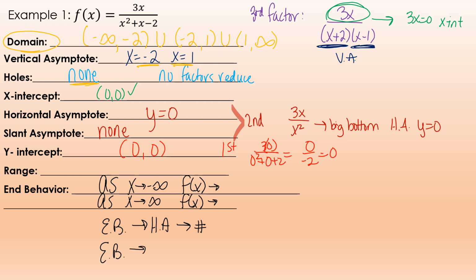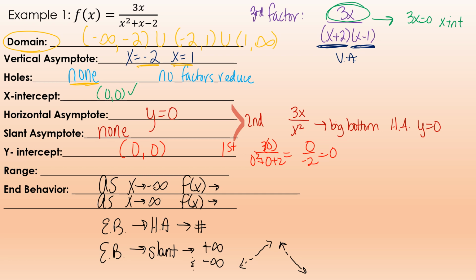End behavior for functions that have a slant asymptote is going to approach +infinity on one side and -infinity on the other, depending on the slope of the slant asymptote. We'll get to one of those that I can show you in a graph.